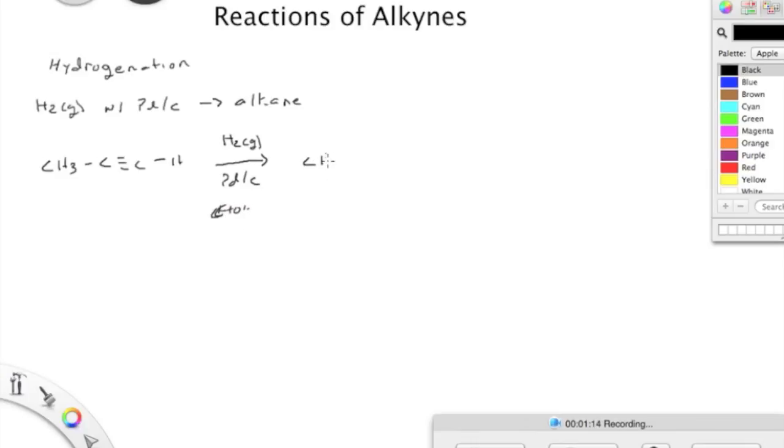And what we can see is that we end up with CH3, CH2, CH3. We've completely reduced the alkyne all the way down to the alkane. So we get complete reduction.